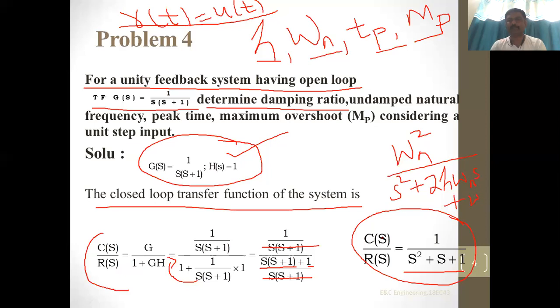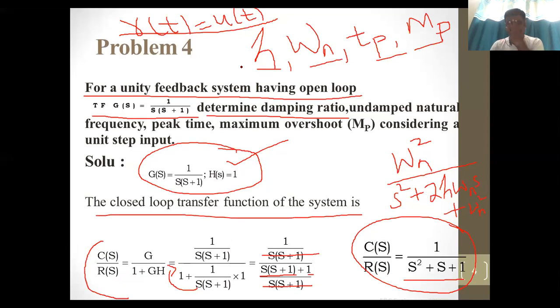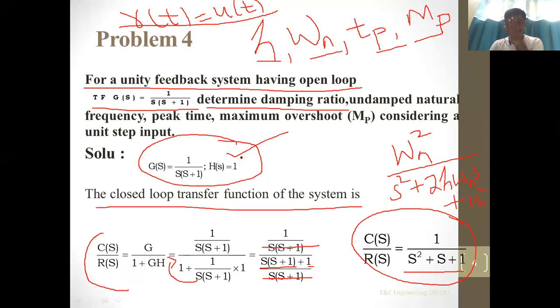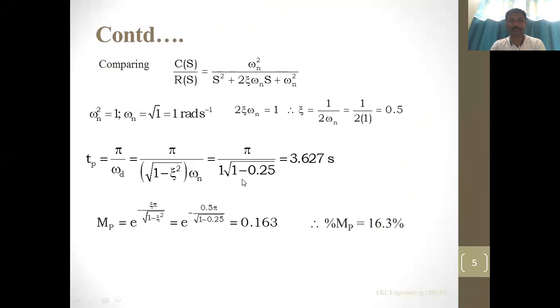I shall compare these two. Now after comparison, this is 1 divided by s square plus s plus 1.